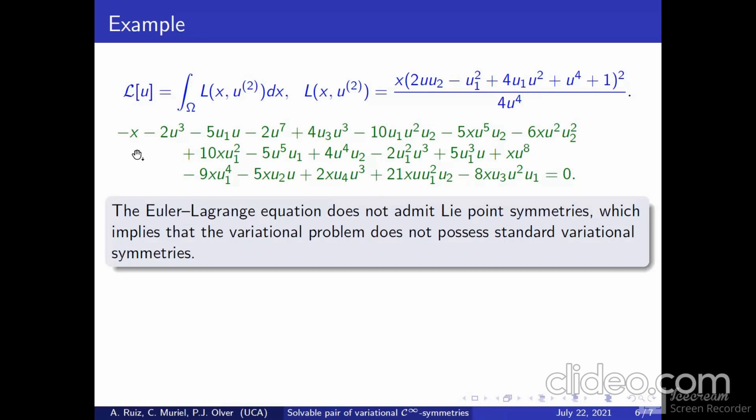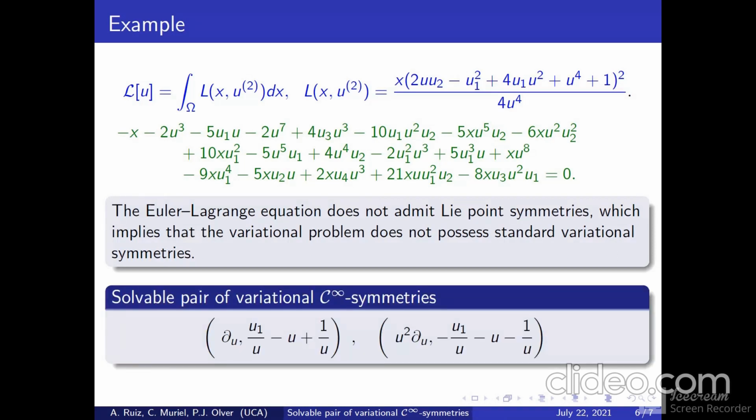So now we are going to apply our method based on the existence of two variational C-infinity symmetries that form a solvable pair. In this case, it can be checked that two variational C-infinity symmetries of the variational problem are these two pairs, and also it can be checked that they form a solvable pair.